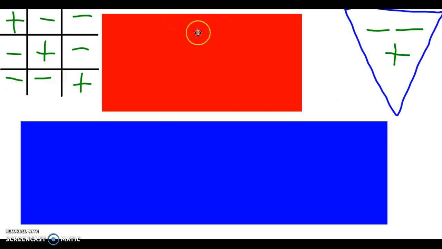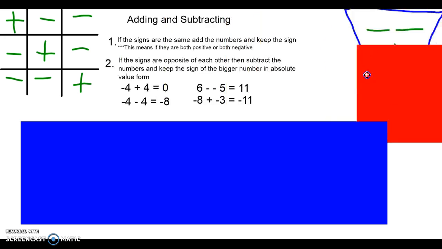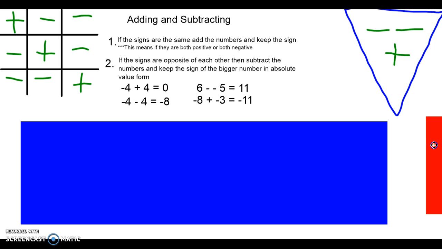Whenever we're going over everything and we're looking at all the different tools, we have adding and subtracting, we have two rules to go by, and they are: if the signs are the same, you add the numbers and keep the sign. That means if they're both positive, the answer is going to be positive.